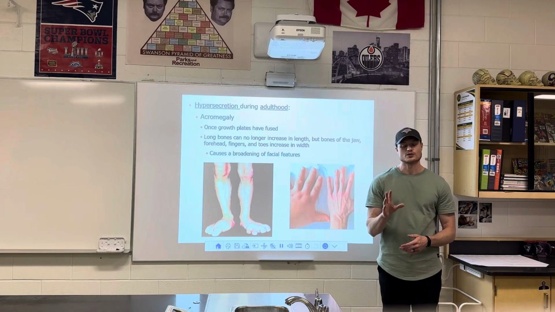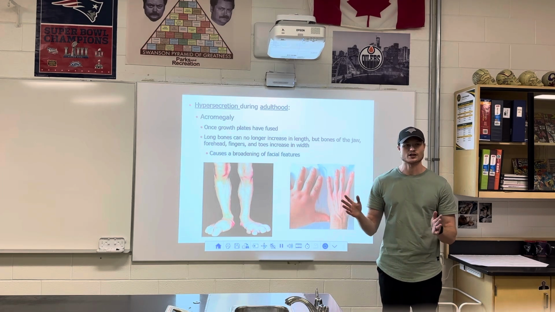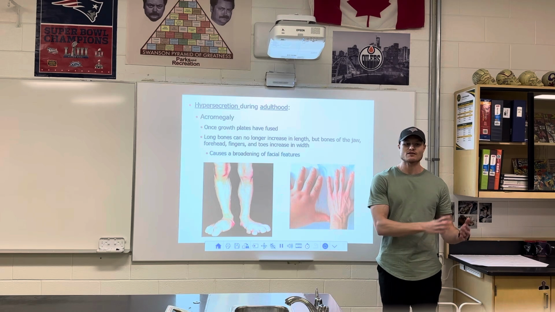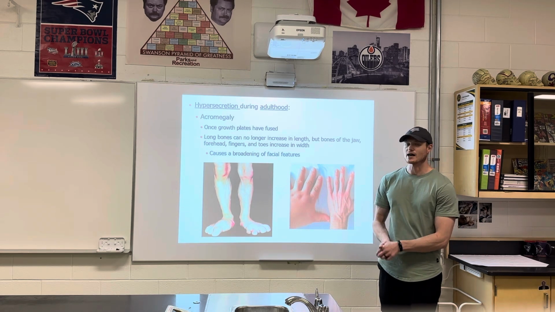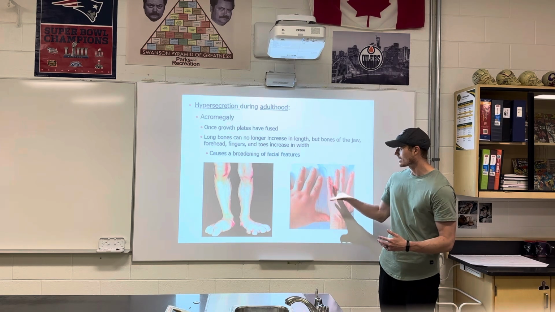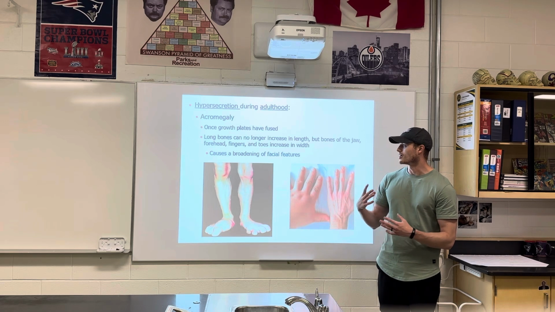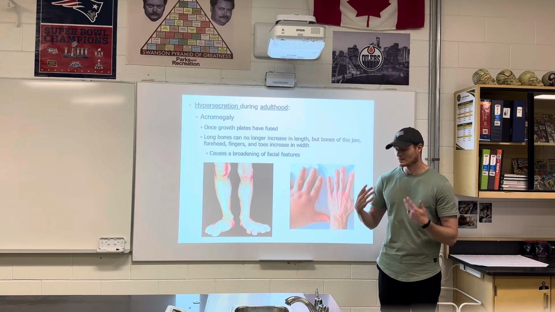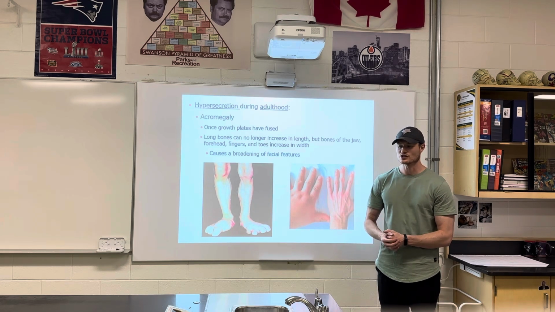If your growth plates were to fuse, so say you're a little bit older and your growth plates fuse, you're not going to get any taller, but you still have a hypersecretion of HGH, this can lead to something called acromegaly. Acromegaly would still cause things to grow, like hands, feet, sometimes your forehead, legs, limbs, arms, etc. They might still start to grow a little bit because of the excess HGH.